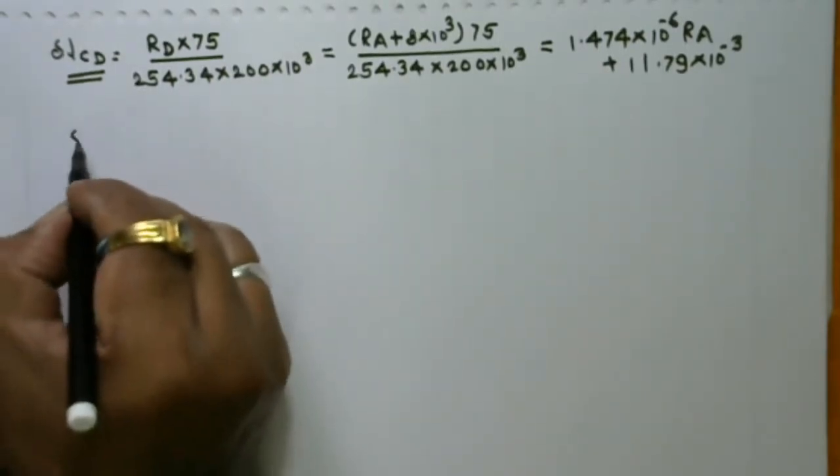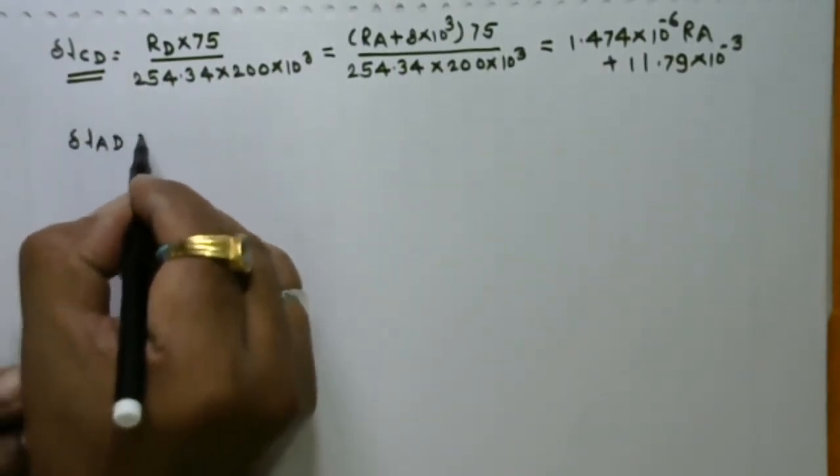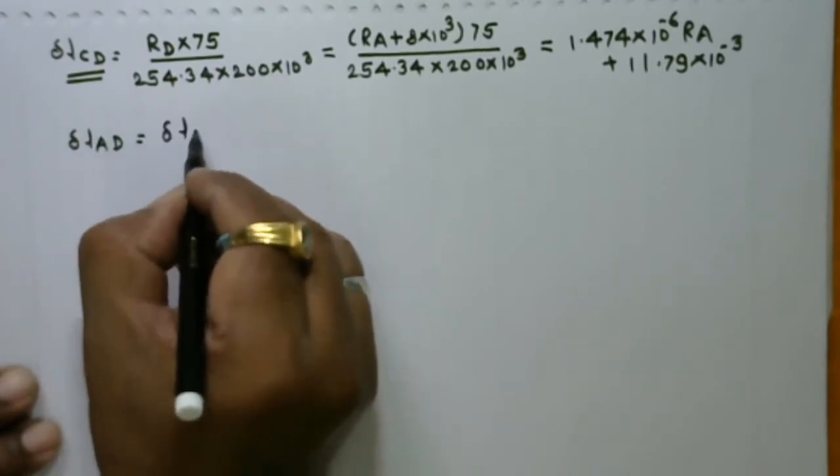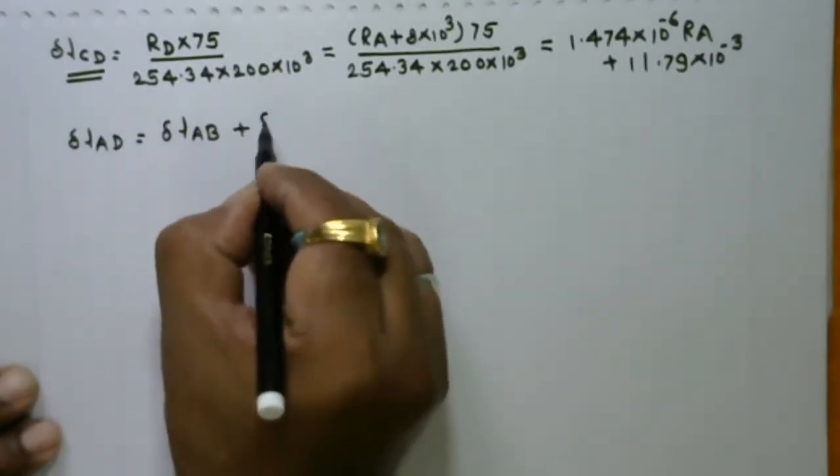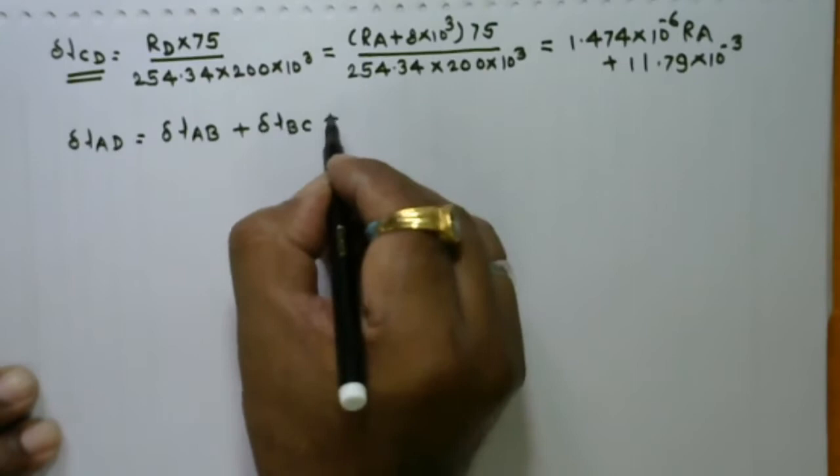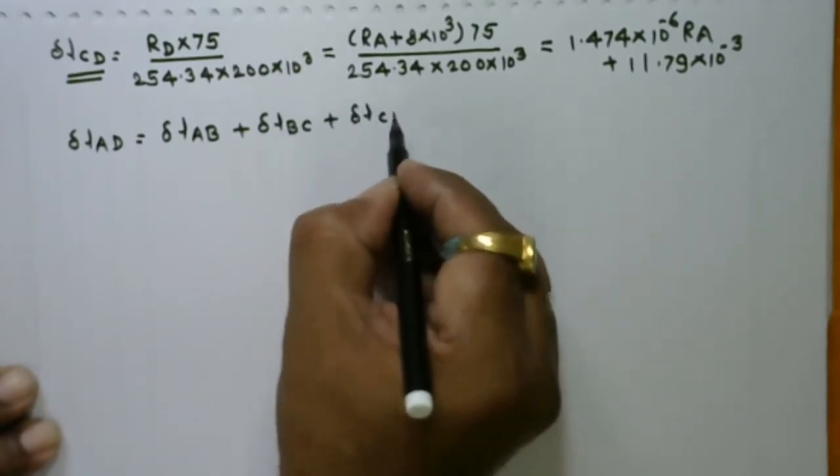Now here total elongation delta LAD is equal to delta LAB plus delta LBC plus delta LCD.